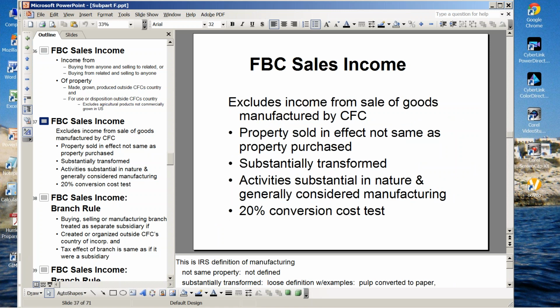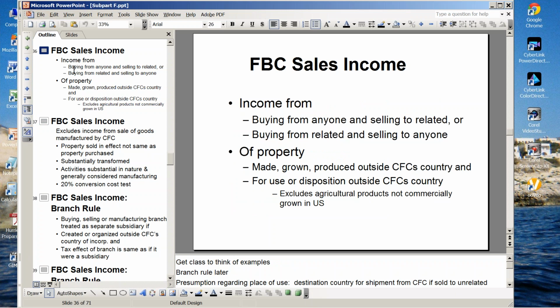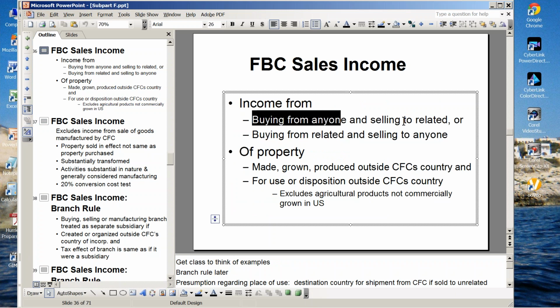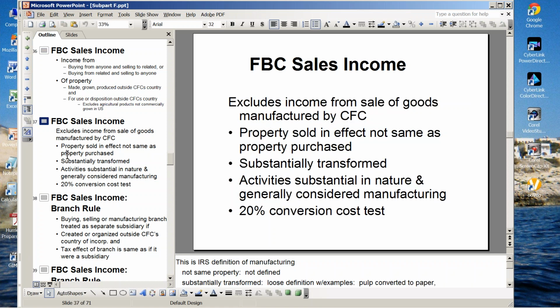Now there's some exclusions for foreign-based company sales income. It excludes income from the sale of goods made by the CFC. So foreign-based company sales income is from buying and selling, not from making and selling.